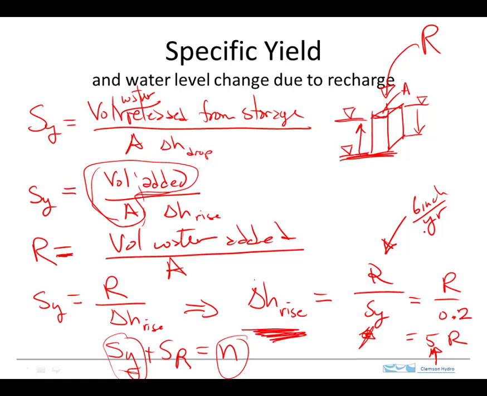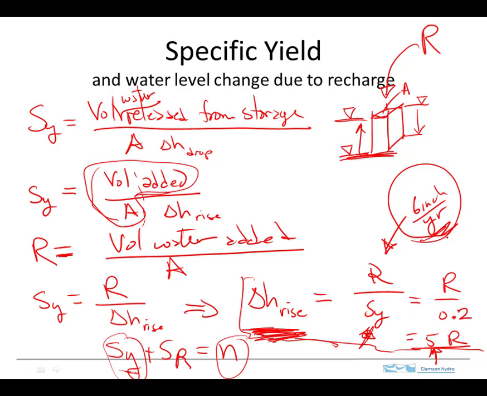So if we had this case where we had 6 inches of recharge in a year, then we might expect that would be equal to 5 times 6, 30 inches of water level rise in a well that was tapping into the water table. Okay, so the water level would rise by 30 inches as a result of 6 inches of recharge.